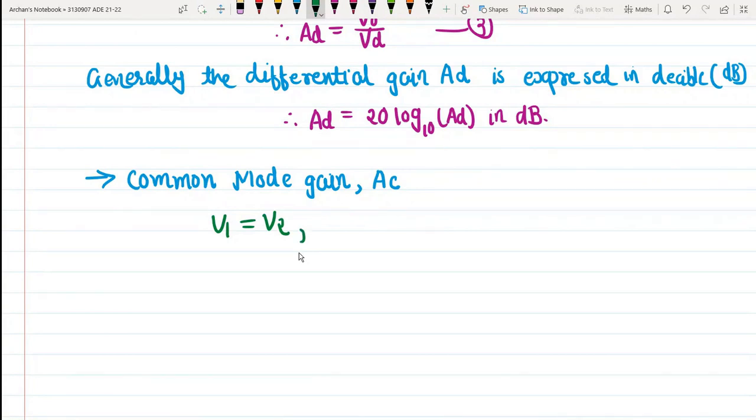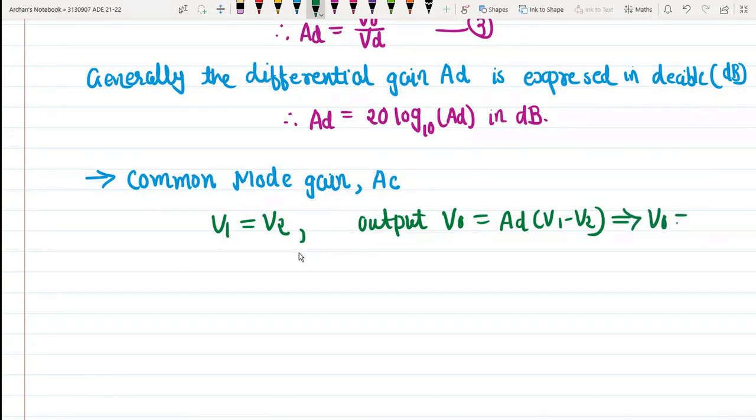When this is the case, what will happen to the output voltage? According to our equation, V0 is equal to AD times V1 minus V2. So if V1 and V2 are the same, our output voltage V0 would be equal to 0.